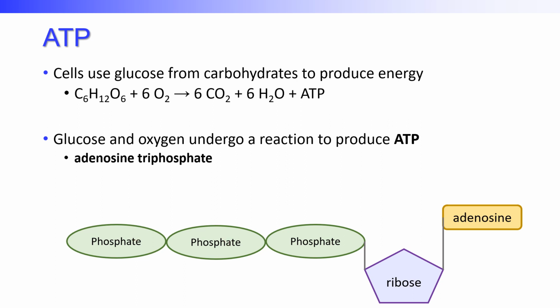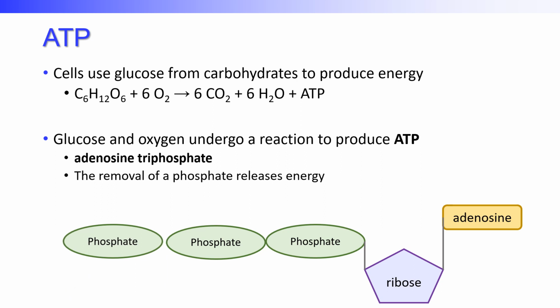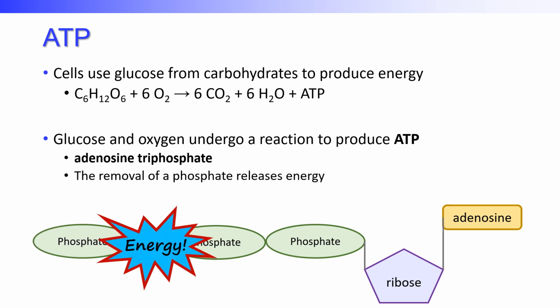And the magic of ATP comes in removing this last phosphate right here, because there is energy stored in this bond. So that when we remove that last phosphate, that's going to release energy. And the body is capable of capturing this energy and doing work with it. So that's why the body is all about making ATP.